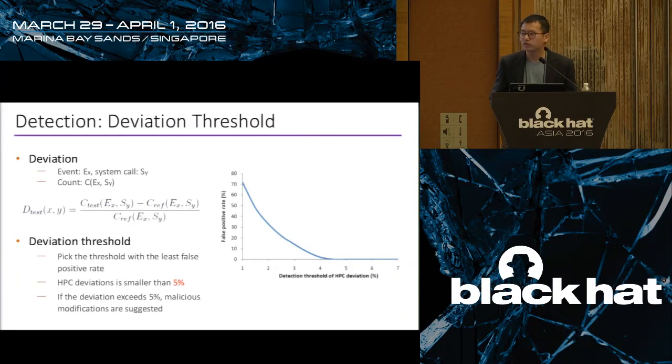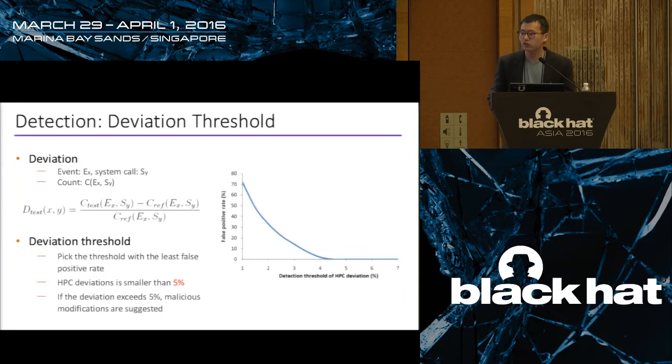And SY basically means a particular syscall. And the count C[EX, SY] basically means, for that particular event and syscall combination, what the counter value is. Okay. So now, once we have these terms defined, we can compute a reference counter value for a particular syscall and performance event pair.